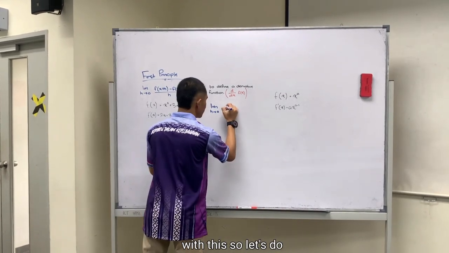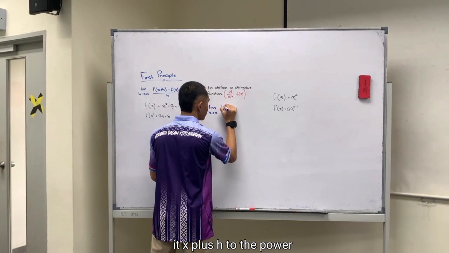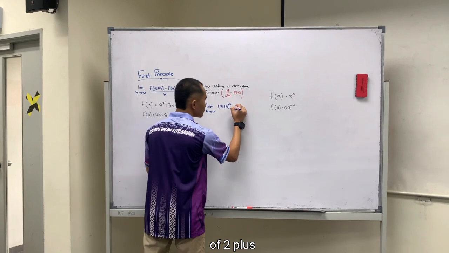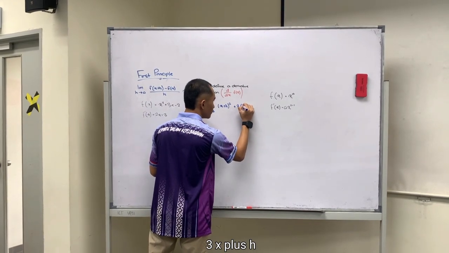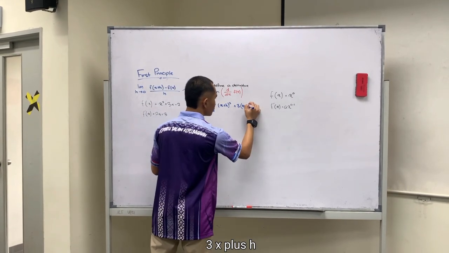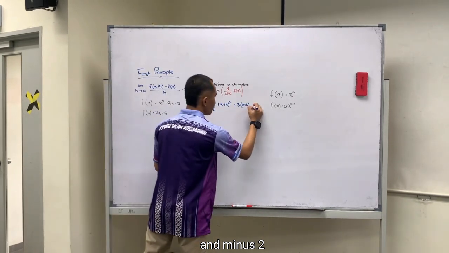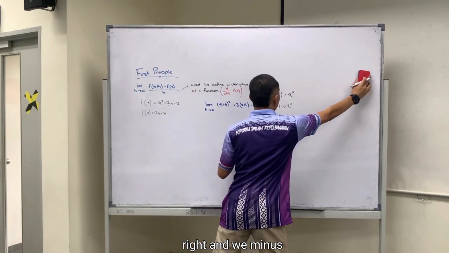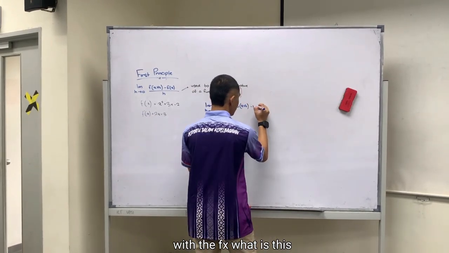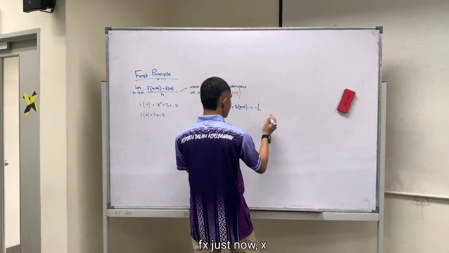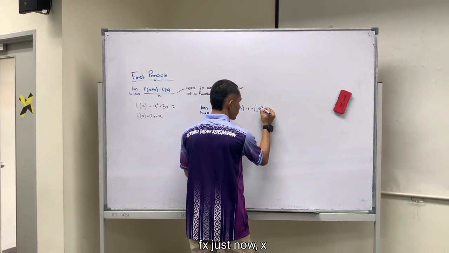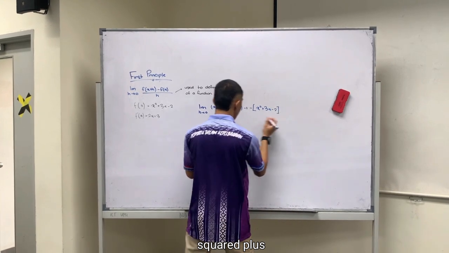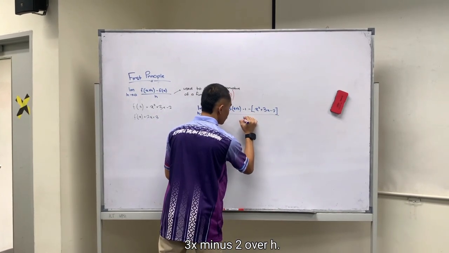So, let's do it. x plus h to the power of 2, plus 3 times x plus h, minus 2, and we minus the f of x. What is the f of x just now? x squared plus 3x minus 2, over h.